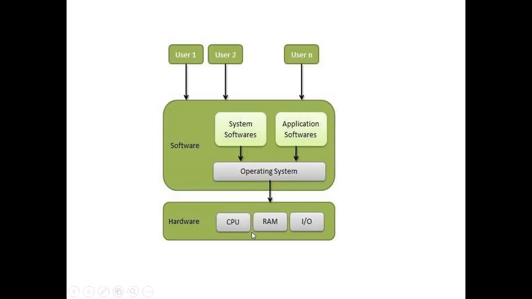The hardware, let it be the CPU, the RAM, the inputs and outputs. It is also an interface between other applications, whether you are using the PowerPoint that I'm using currently, or the Zoom that I'm using now to record this, or other system software, the utilities that help the computer to run.